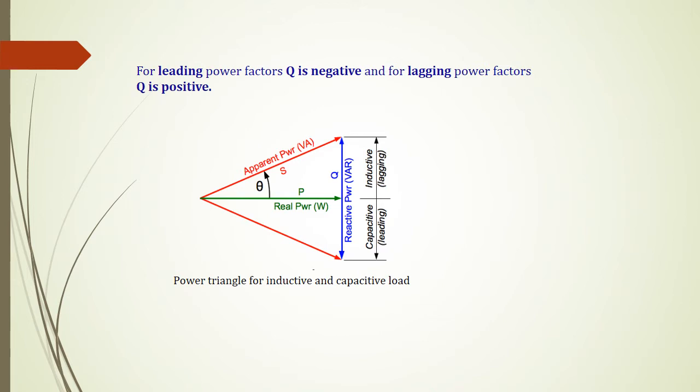It doesn't come from positive theta here, it comes from the fact that the current is lagging the voltage. On the other hand, if the circuit is capacitive, then we have a leading power factor, or current leads voltage. And in that case, theta here becomes negative and we have negative Q.